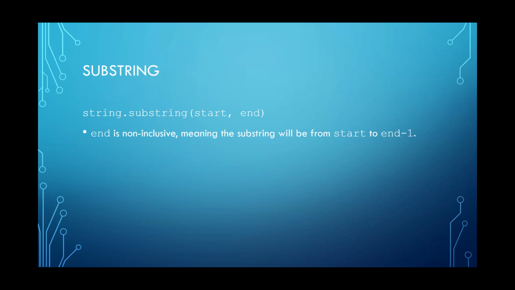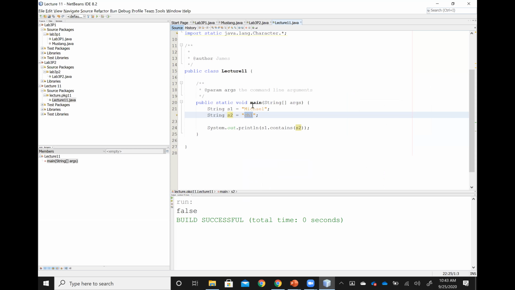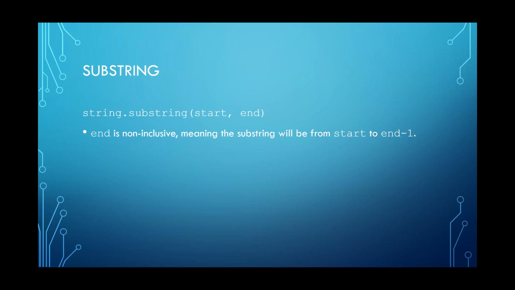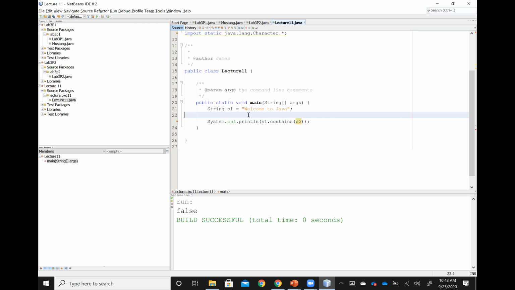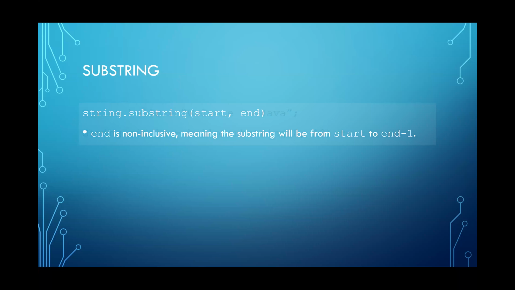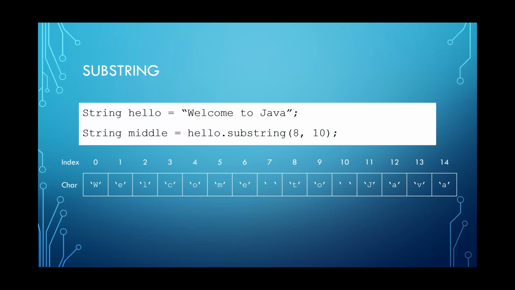We have substrings, so if I have welcome to Java up here, and say, for example, I want to just get a substring of that, just a small piece. I just want to get the 2 right here. Well, one, you need to know the index.